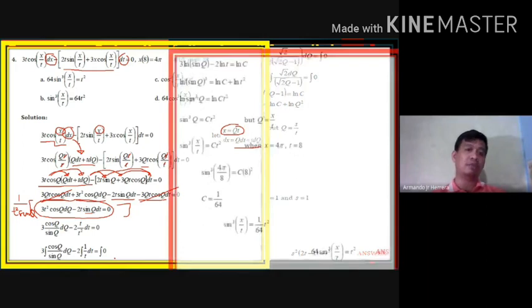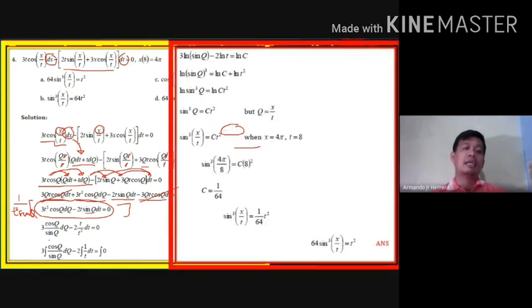Let us try to integrate. So if u is sine q, derivative is cosine q dq. So that is simply ln of sine q times 3. That's 3 ln sine q minus 2 integral of dt over t is ln t. And may ln, para mas madaling i-combine, ilagyan din natin ng ln yung c since ln of c is still a constant.